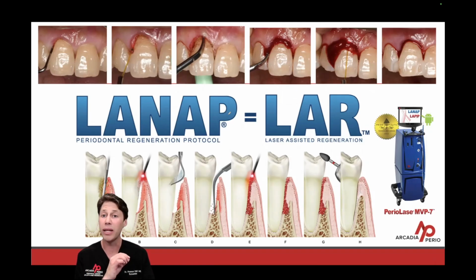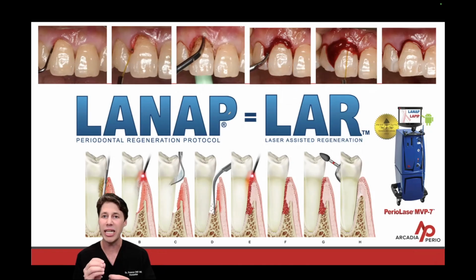So for the ablation, the selective removal of all the diseased tissue and the eradication of the bacteria, this is going to be on a shorter pulse duration. If the tissue is a little bit hemorrhagic in nature, it might be 150 or 250 microseconds for the pulse duration. But if the tissue is coral pink without much heme, you're going to be more at 100 microseconds. But that's how you titrate your first pass.